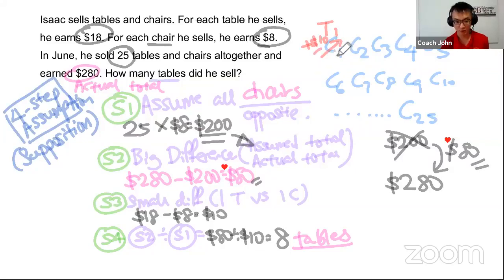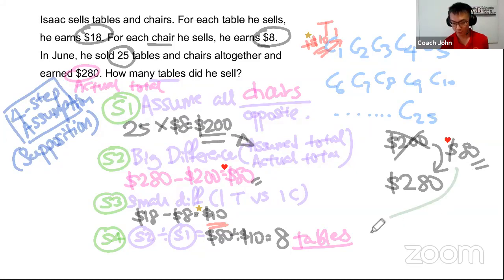Let me put a star. So in fact, there are multiple $10 in $80. Out of $80, how many 10s can we have?